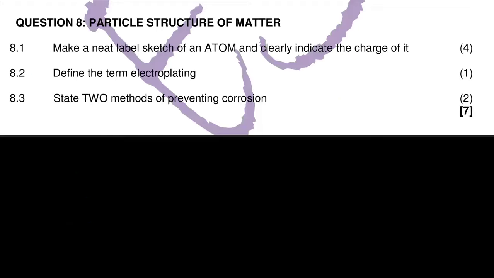So let us look at the last part now of this lesson. As I said, I'm still continuing to look at the particle structure of matter, which is mainly the chemistry part of it. Now 8.1 says make a neat labelled sketch of an atom and clearly indicate the charge of it, for 4 marks.